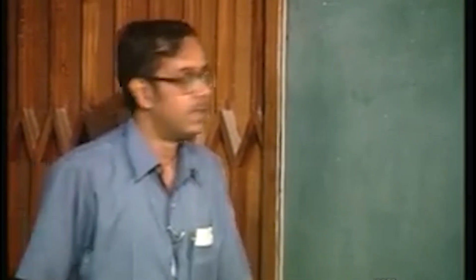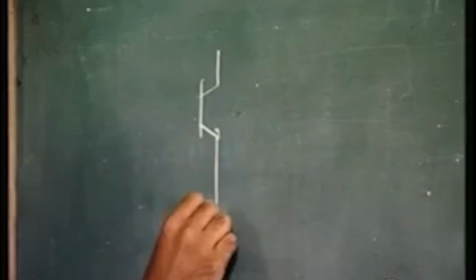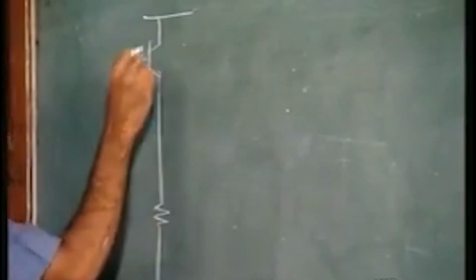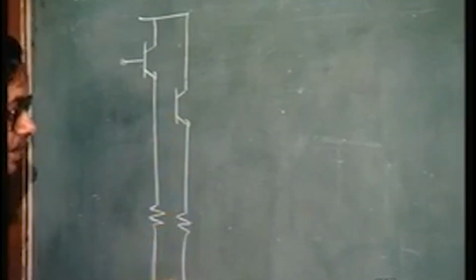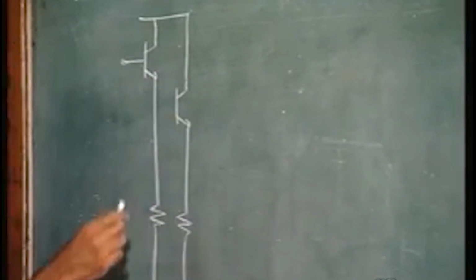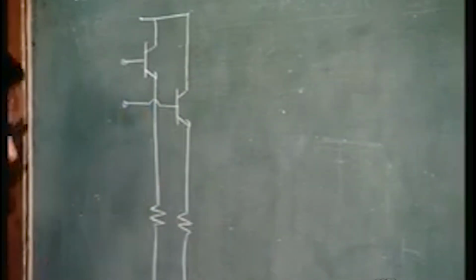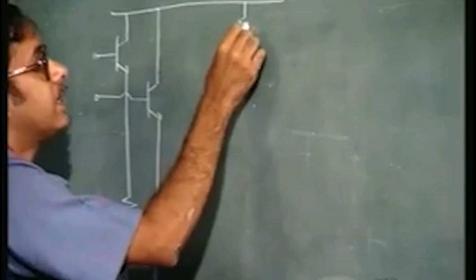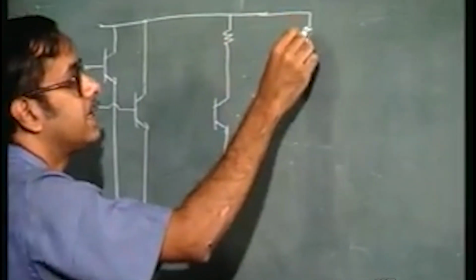So, I shall draw the circuit which I had drawn last class, that is the standard ECL D flip flop circuit, and we shall see how one can go ahead and see the difference. So, this is the standard D flip flop circuit using stacked ECL gates.